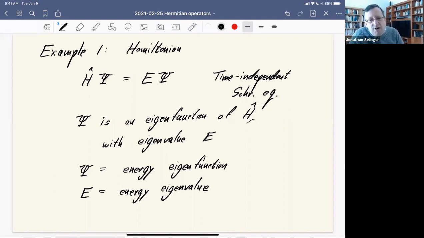If we have the particle in a box, for example, we have a bunch of these special solutions, and there's solution one with energy one, solution two with energy two, etc. And so now we can interpret that as saying the Hamiltonian has a bunch of energy eigenfunctions with corresponding eigenvalues. And so we can make a list of the energy functions and the energy values. That's what we've been doing in the problems that we've solved.